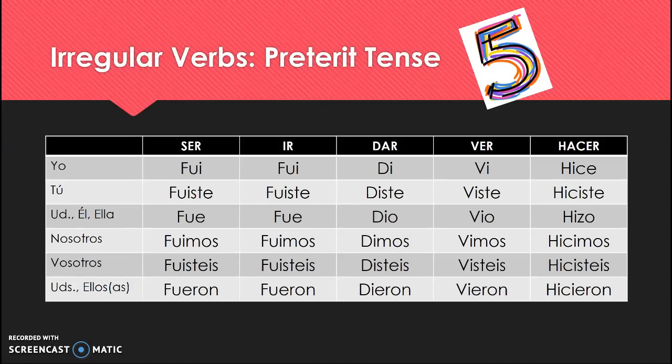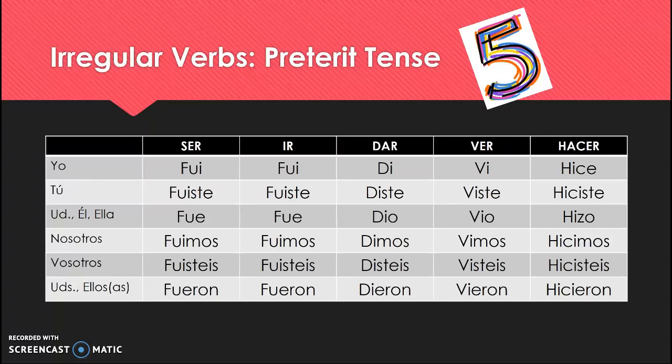Now there are 5 irregular verbs, and these verbs have no pattern. They have no rhyme or reason. They cannot be grouped with any other verb, like our category verbs, and so these 5 stand alone. Ser and ir happen to share the same conjugation in the preterite tense. So both ser and ir will conjugate: fui, fuiste, fue, fuimos, fuisteis, fueron.